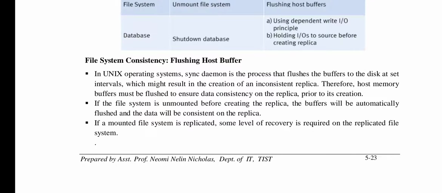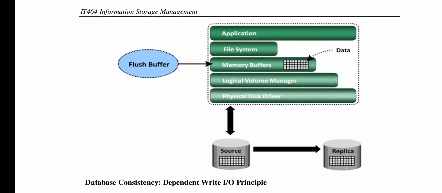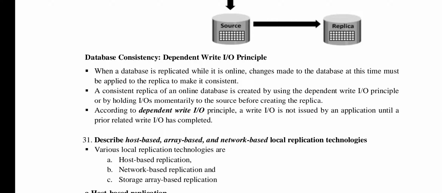This is just a simple figure to show an application, file systems, and memory buffers. The memory buffers have a flushing unit, flush buffer, and the data is flushed. So that is for the file system.